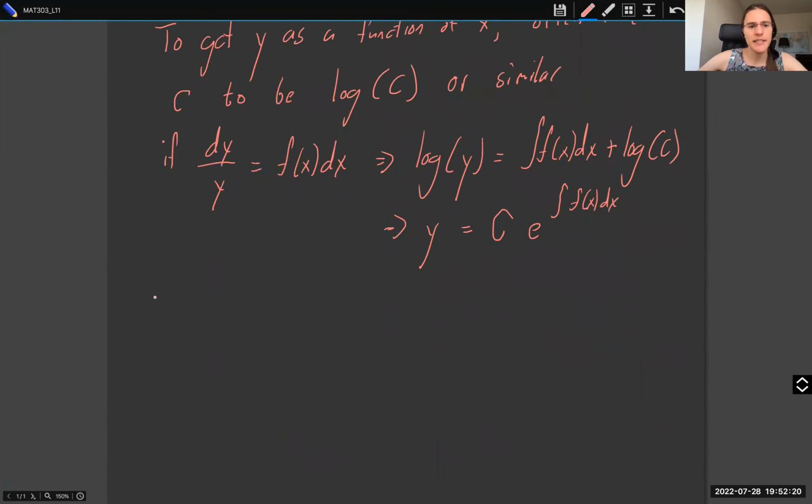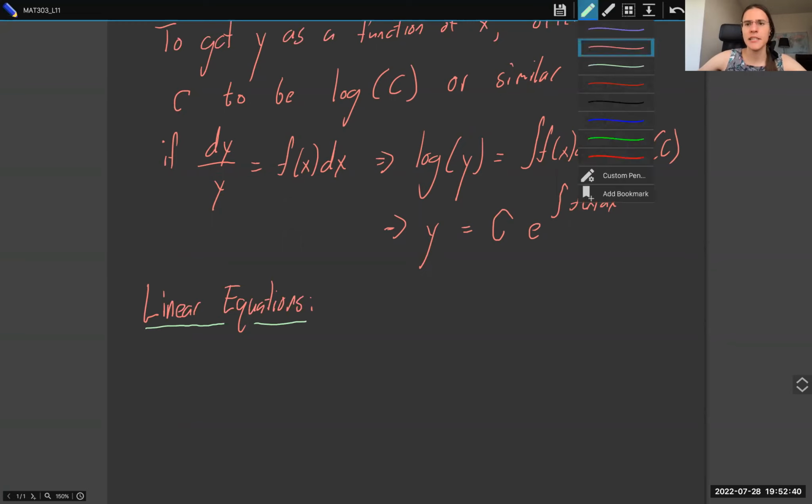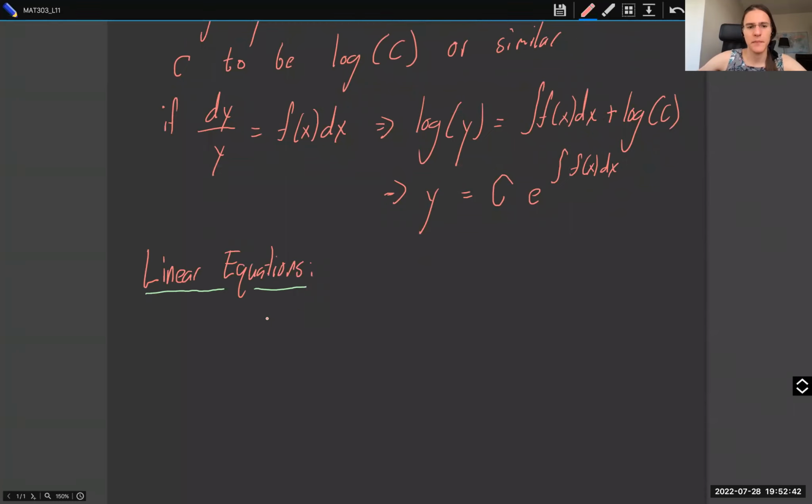Then we discussed linear equations. And a linear equation looks like y prime plus f of x y equals g of x.